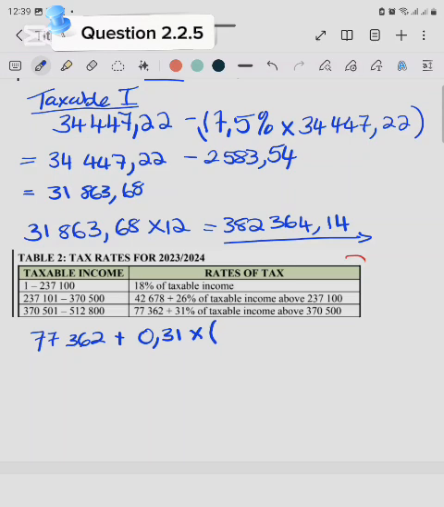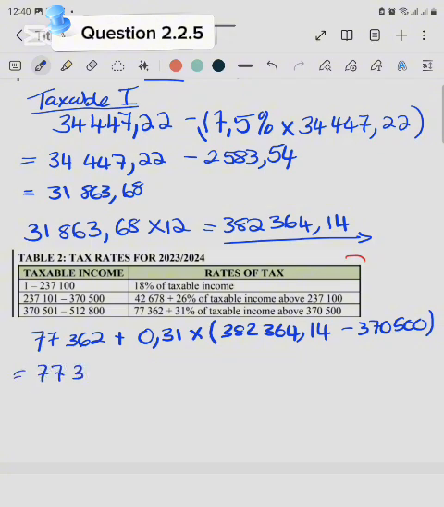So to find that taxable income above that amount, I'm going to go 382,364.14, and I'm going to subtract the 370,500.